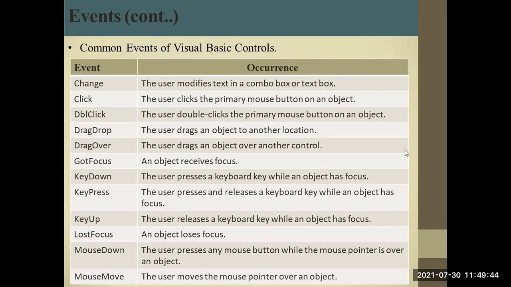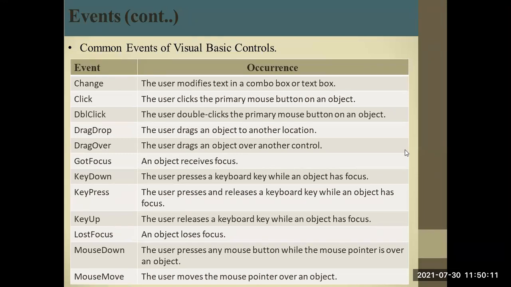The very first event you can see is the Change event. The description is on the right-hand side: it will occur when the user modifies the text in a combo box or a text box. Whenever you modify a text, either in a combo box or a text box, an event will occur.